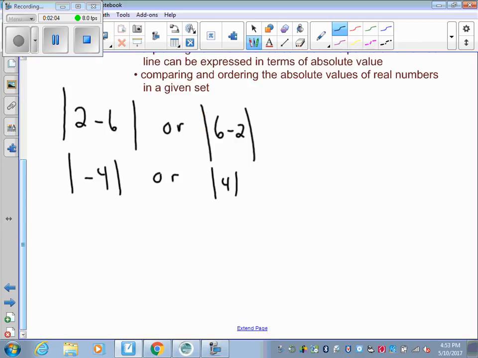It doesn't matter whether it's negative or positive. This 4 units apart is how we describe how far apart they are. Okay? You don't need to describe negative or positive.